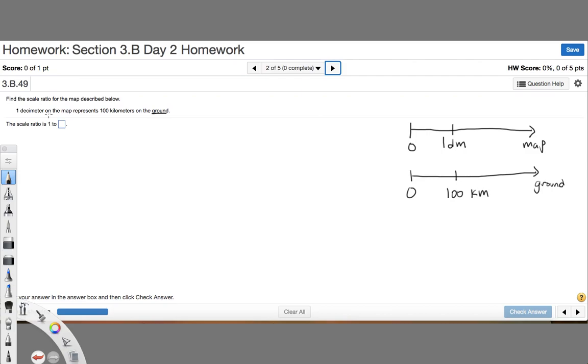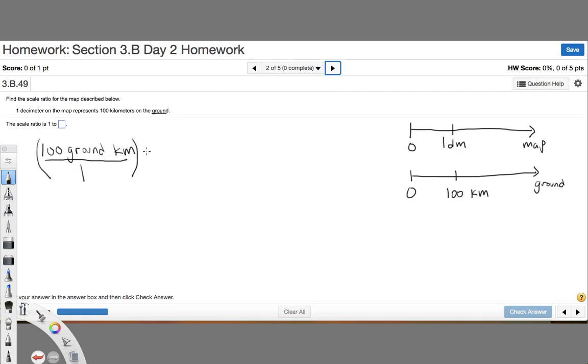Notice that I'm asked to find the scale ratio in terms of 1 to something. That tells me I'm going to start with the larger unit, and I'm going to label these as ground and map distances. More on that later.